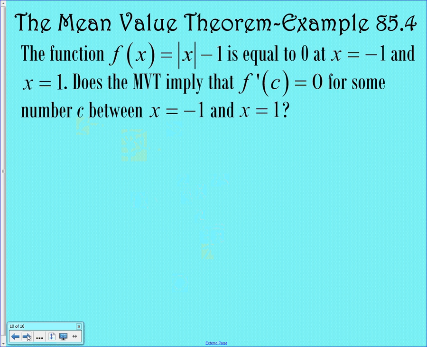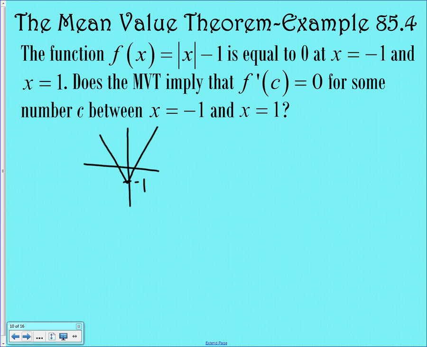Looking at this next example, we have the function absolute value of x minus 1. Does the mean value theorem imply that f prime of c equals 0 for some number c between -1 and 1? Well, we need to check two things. Is this a continuous function? Well, an absolute value minus 1, it's a v shifted down 1, so this is -1.